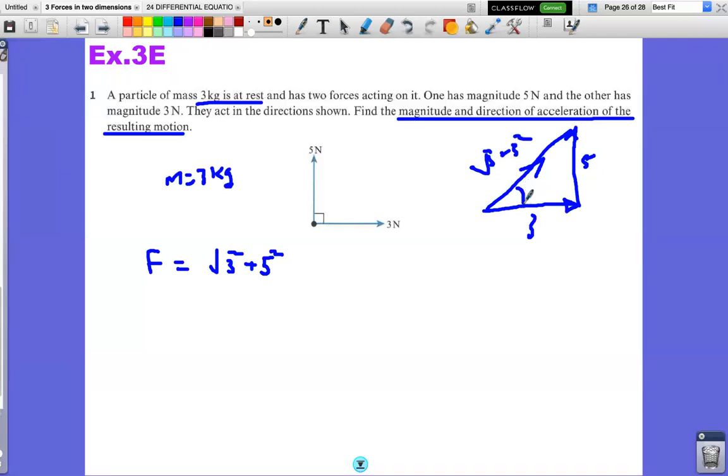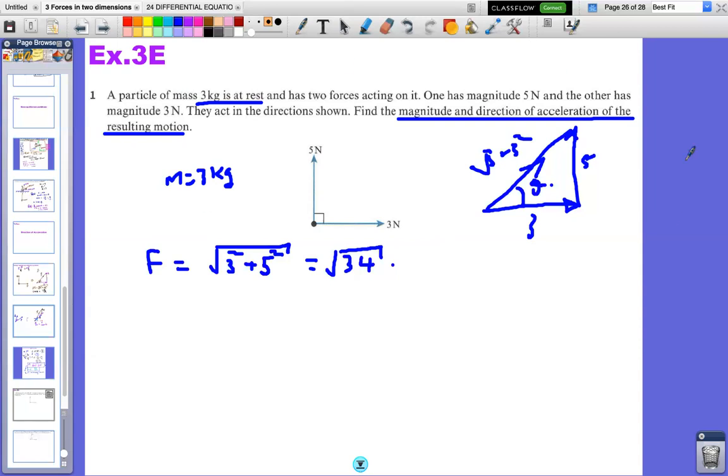And then this is the direction, theta. So the magnitude is the square root of 3 squared plus 5 squared. That is the square root of 34, correct? We'll leave it as the square root of 34.